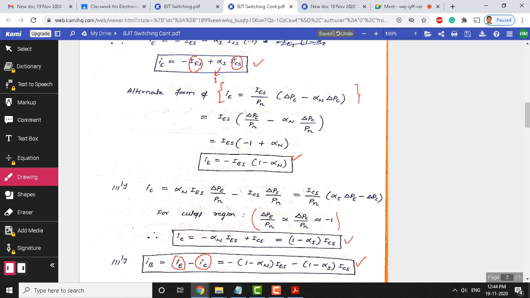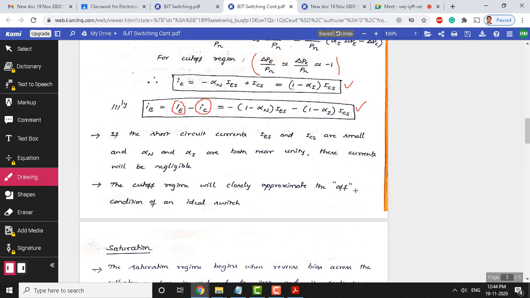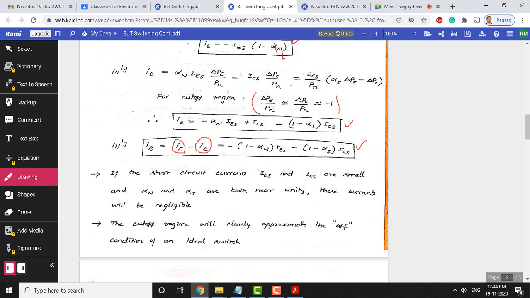Okay, IE becomes 0 because these currents are 0. And similarly, here also you can see that if alpha n tends to unity, this also becomes 0. Even in this expression you can see that IE becomes 0. So what we are trying to say here is that in the cutoff mode, IES and ICS are very small and can be neglected, and the current ratios in normal mode and inverted mode are tending towards unity. So all these currents become negligible.